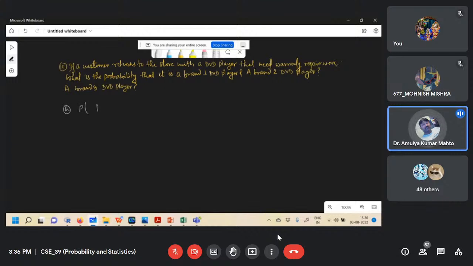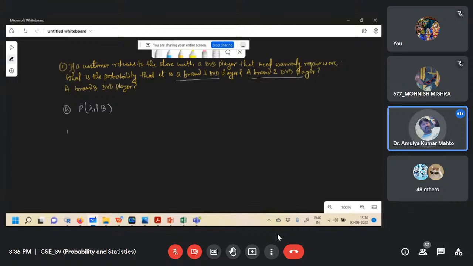What is given? It is given that warranty repair work is needed. So this is B is given. Probability, B is given, then it's a brand one product. This is what is actually needed in the first part.